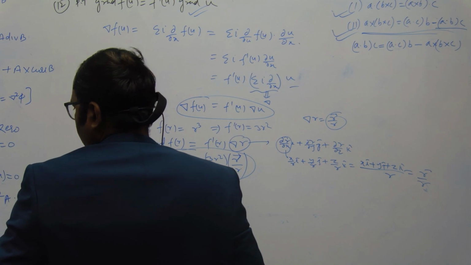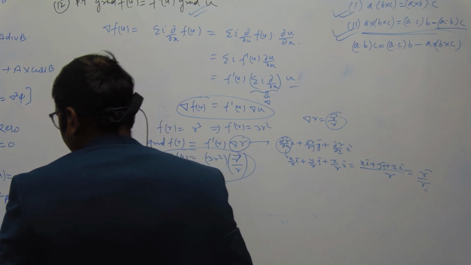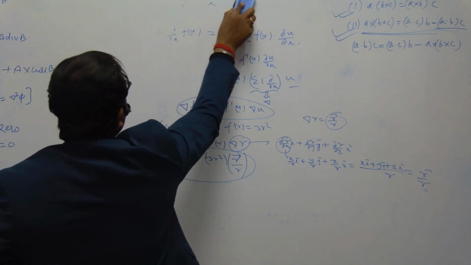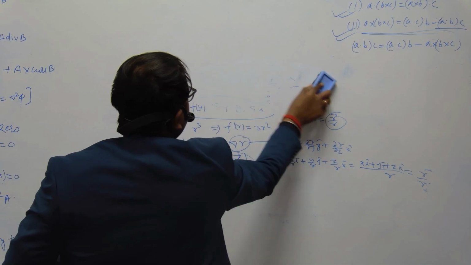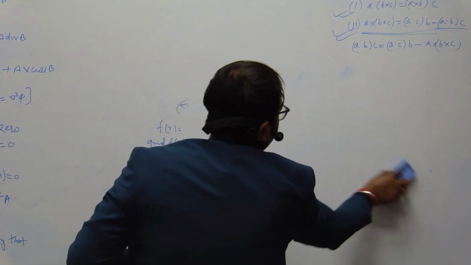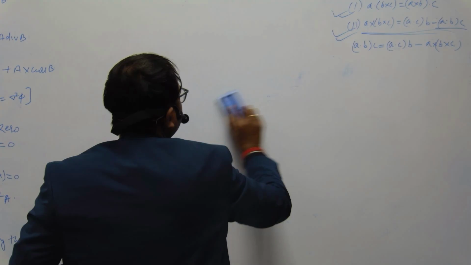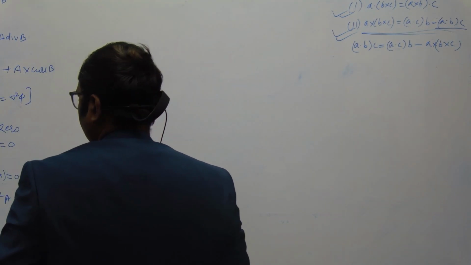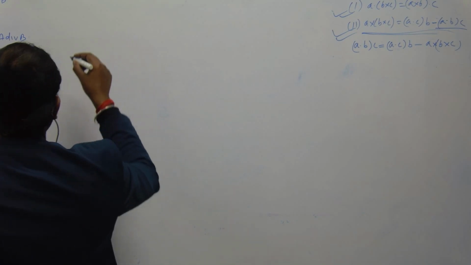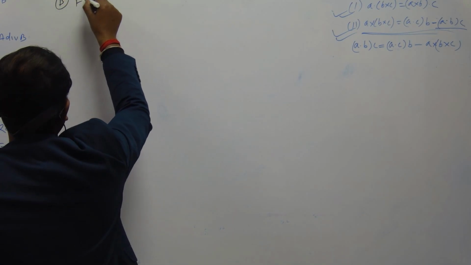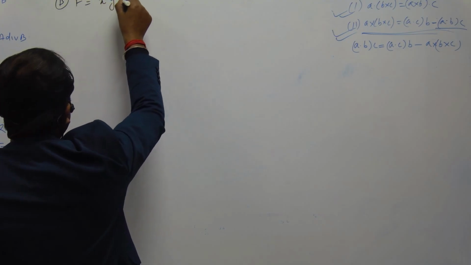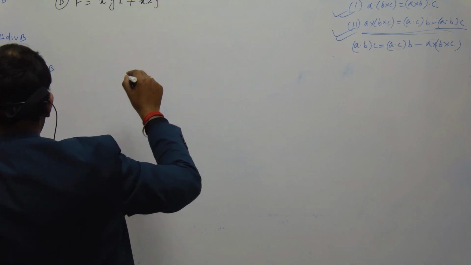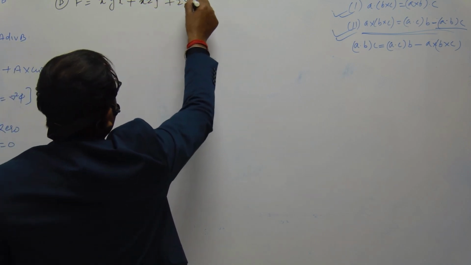Let us discuss the last question, that is question number 13. We have F equal to x square y i cap plus xz j cap plus 2yz k cap.